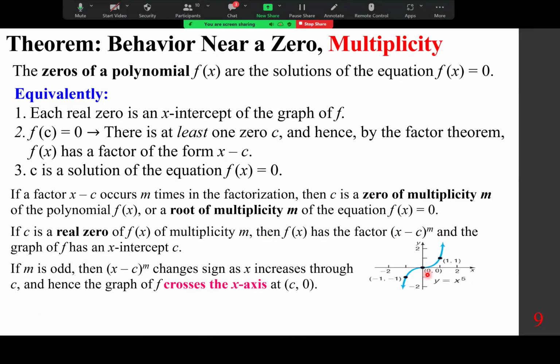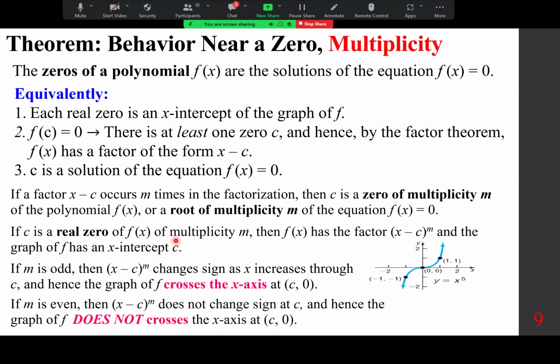It crosses because it does change sign. And if m is even, then x minus c to the power of m does not change sign at c, and hence the graph of f does not cross the x-axis at c. For example, y equals x to the power of 4. At that given point, because the exponent is 4, it can't cross because the sign on both sides of the intercept remains the same.